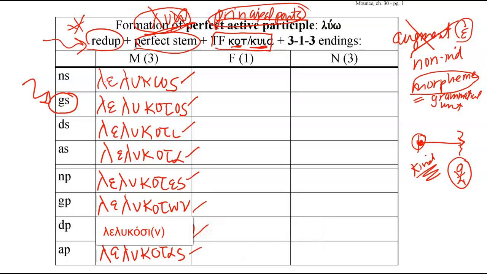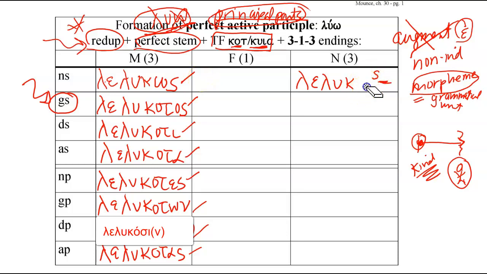Let's go over the neuter forms. We have the reduplication, we have the stem, we have the perfect participle tense morpheme, -kot. You add nothing to it, and what happens is that the tau drops, and we're not exactly sure why, but in place of the tau we have the sigma, and what happens is that the omicron stays short so that it can be distinguished from the masculine form.